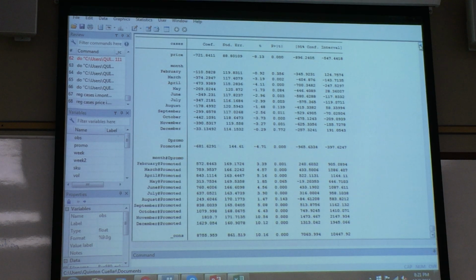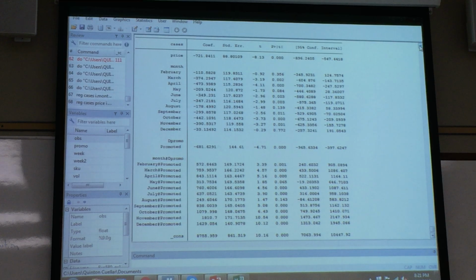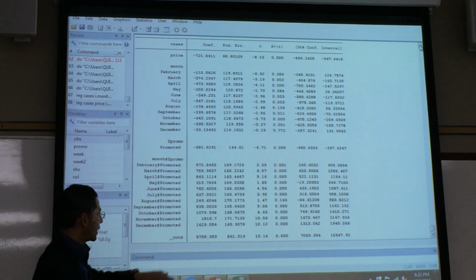Is that 1629, the increased cases, which is also the same thing as the lift? Yes, in December relative to January. You've got to be careful. She asked specifically about the 1629.